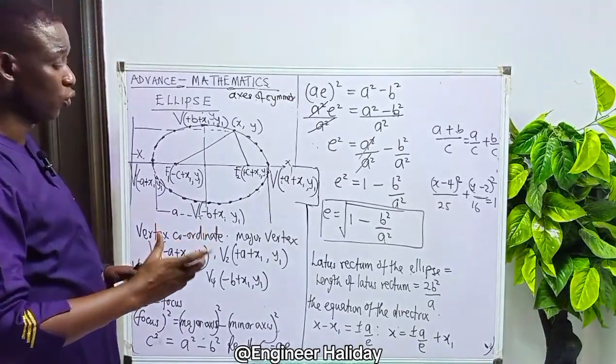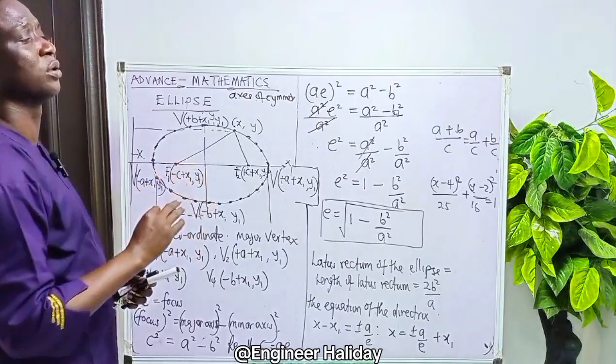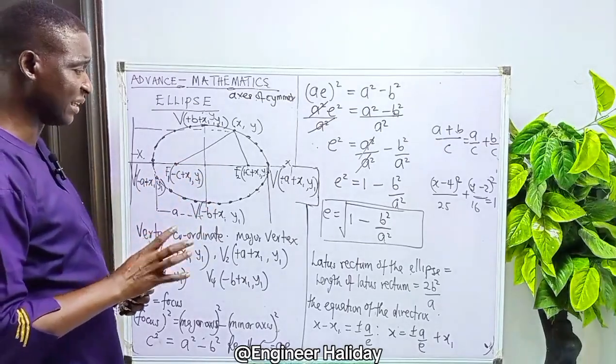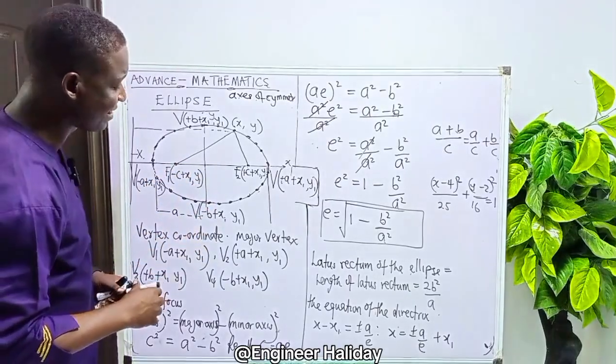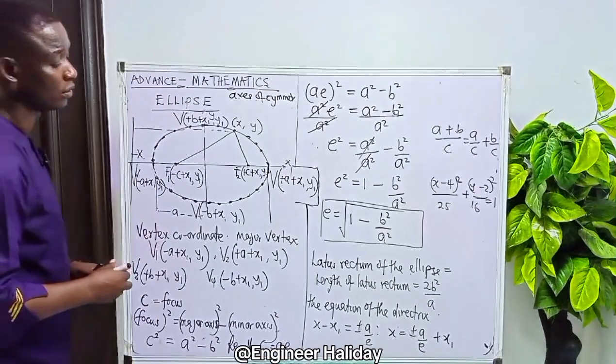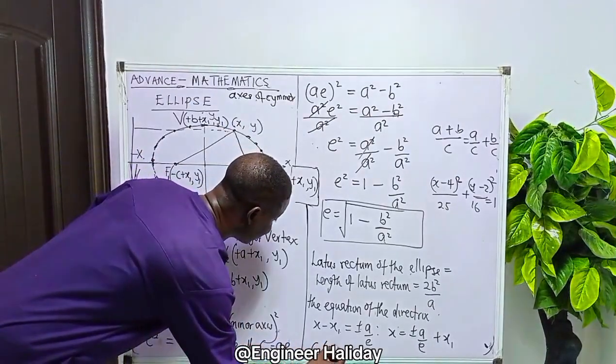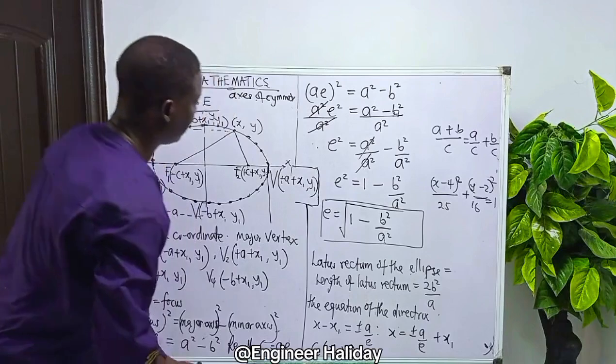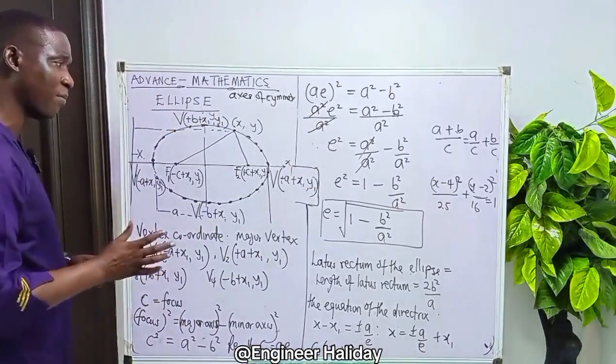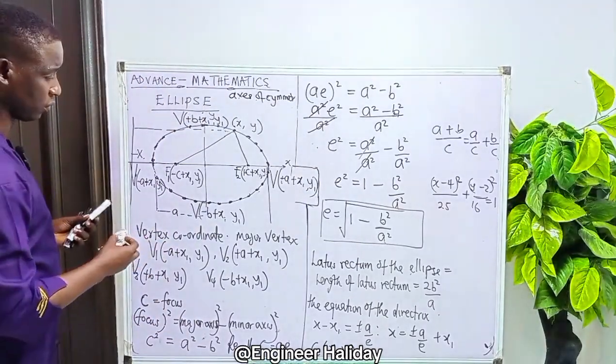Now another thing you must note here, I want to drop some shortcut here so that we can get it. Now the center coordinate, I told you the center is x1 comma y1. If the center is x1 comma y1, let me drop this shortcut.